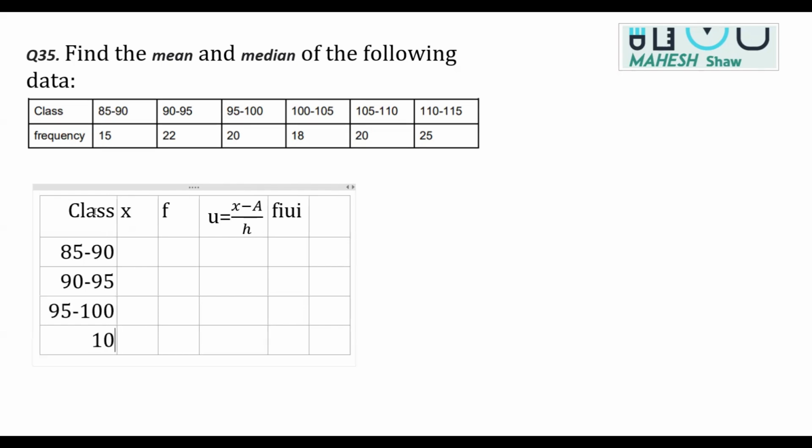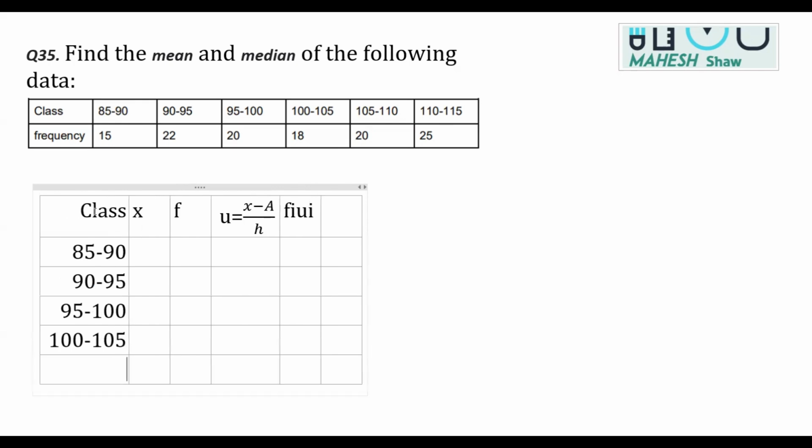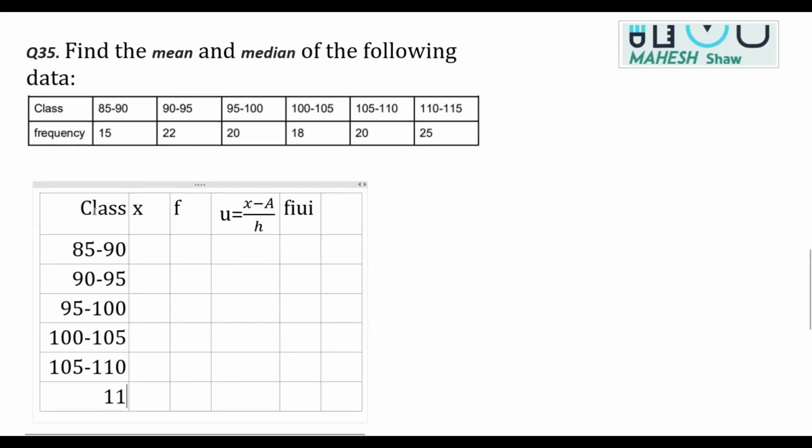Next is 100 to 105. First, second, third, fourth. Now, fifth is 105 to 110. And finally, it is 110 to 115.